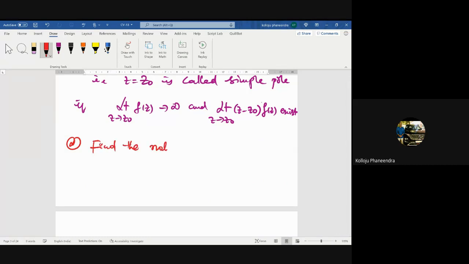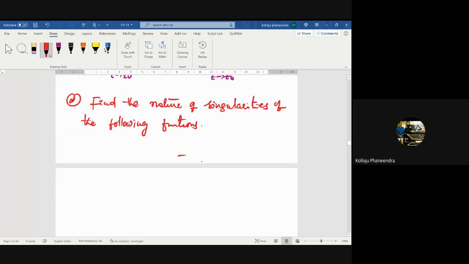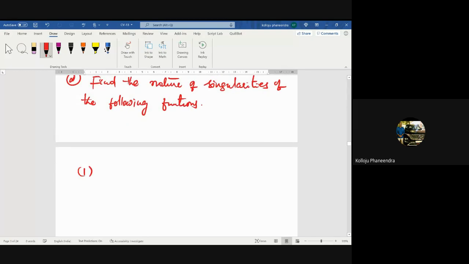Find the nature of the singularities of the following functions. First one, f(z) equal to (z − sin z)/z².